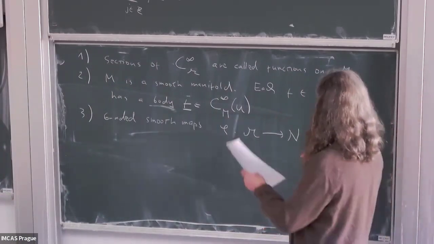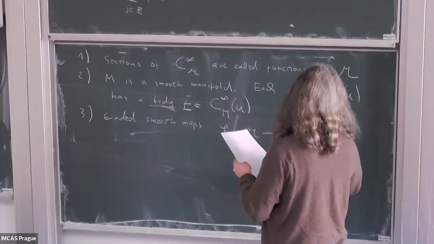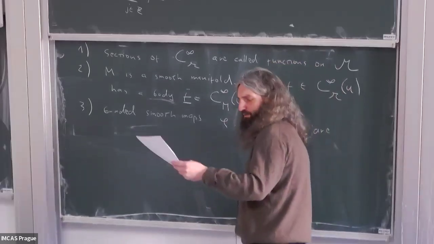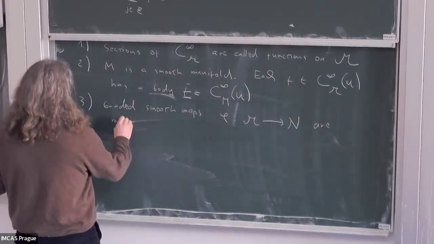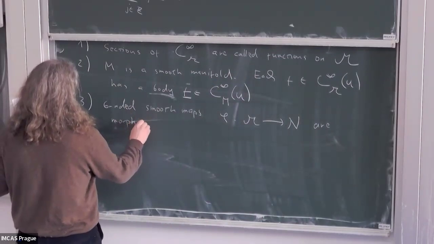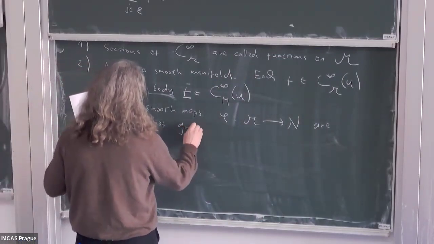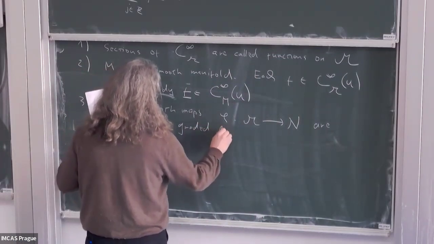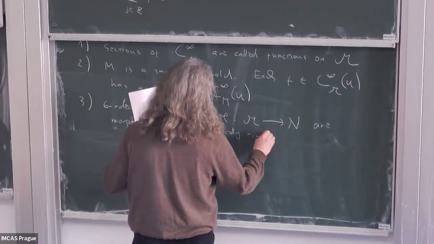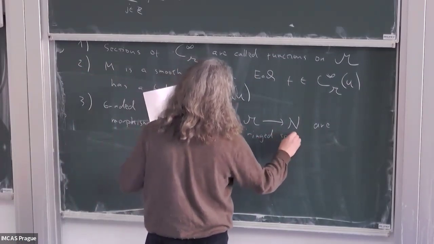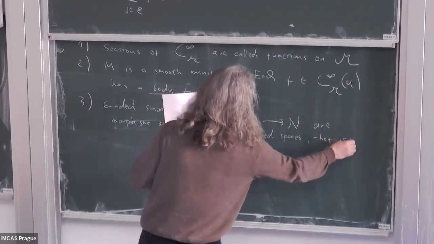So graded smooth maps between two graded manifolds are morphisms of graded locally ringed spaces. That is, I will now explain.